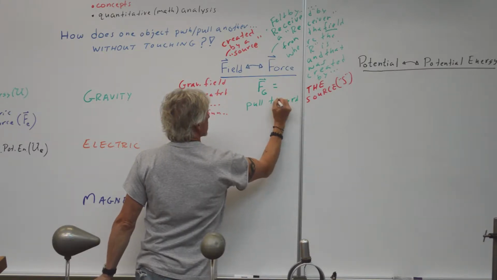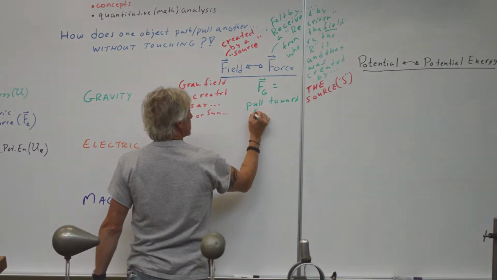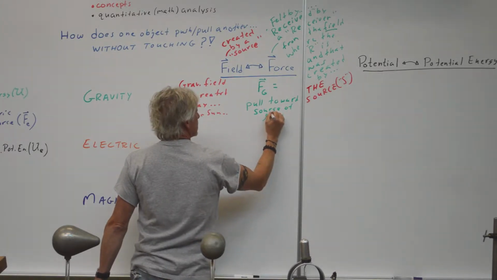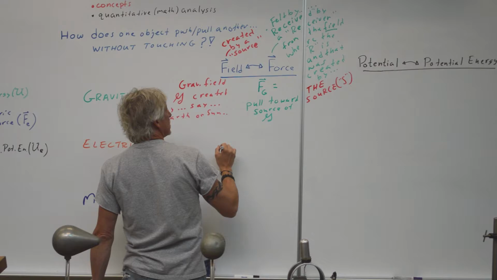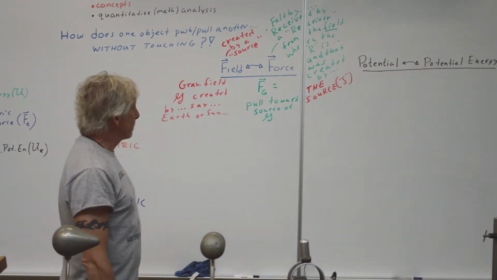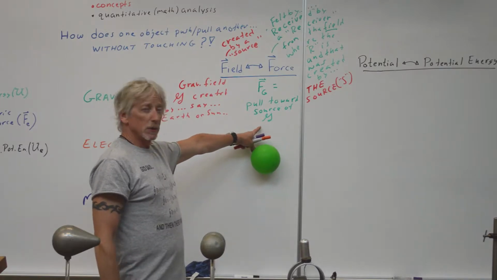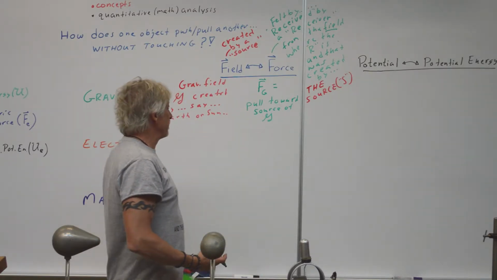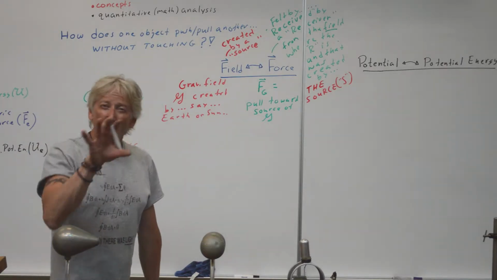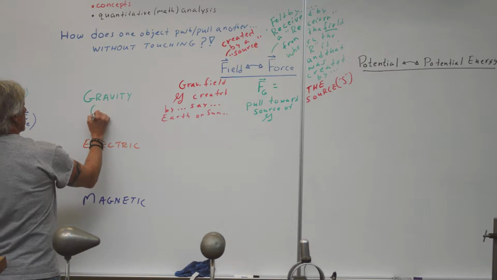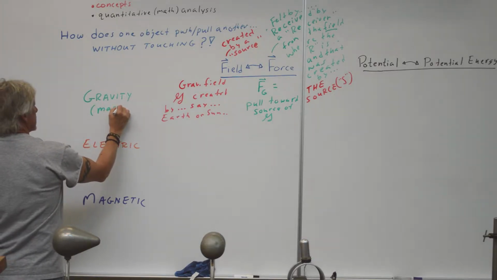So there's a direction, my vector. The source of the field. Again, if you have a stronger field, you'll get a stronger force. Does that make sense? What's responsible? What's the property that makes gravity happen? It's good old mass.